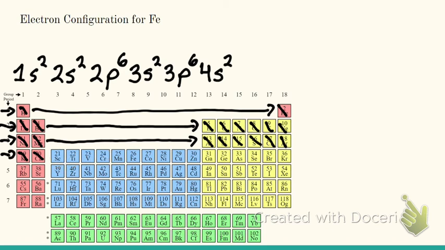Going into our d block, we drop our row number by 1, so we get our 3d, and then 1, 2, 3, 4, 5, 6. So we get our 3d6, and that is our electron configuration for Fe.